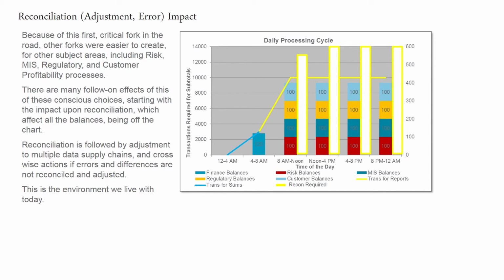That begins to decrease the quality of our information. It begins to introduce questions as to what is the right answer. These issues are the real issues of reconciliation, and it's the critical problem that multiple data supply chains introduce into our organizations. We'll talk more about how to fix this in subsequent episodes.